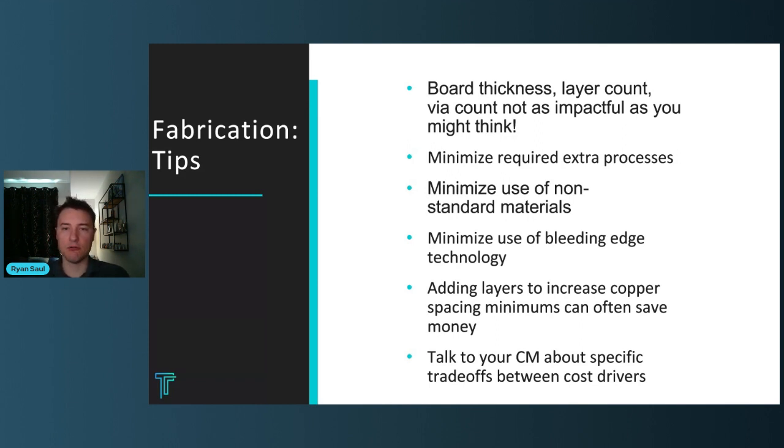And the requirement of a specific dielectric material, when for the purposes of your functional design it does not matter, can be a huge cost driver, because you have to buy that material if it's non-stocked, which is definitely going to add cost as well as lead time.